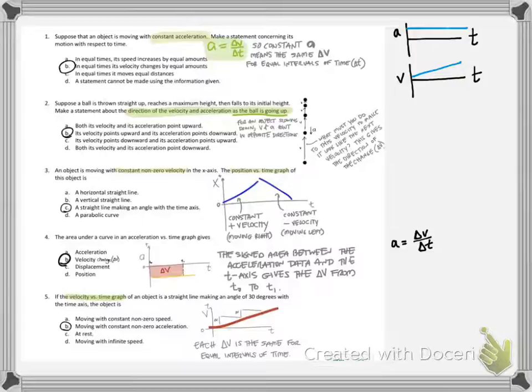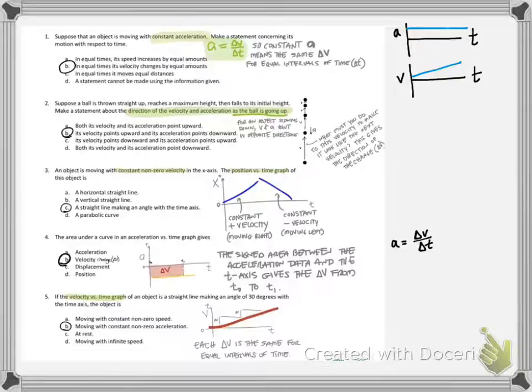It's not moving downward, it says as the ball is going up. If the acceleration pointed upward, you'd have velocity and acceleration in opposite direction. The object would be going downward and slowing down, which is not what would happen with the ball dropping. If velocity and acceleration both pointed downward, the object would be moving downward and speeding up, and that's just not consistent with the ball going up, the underlined portion.